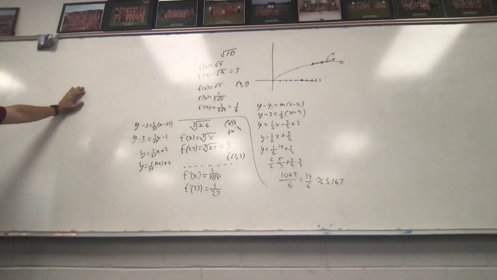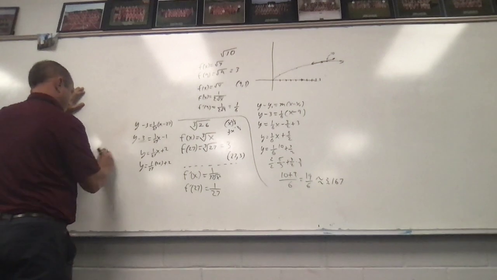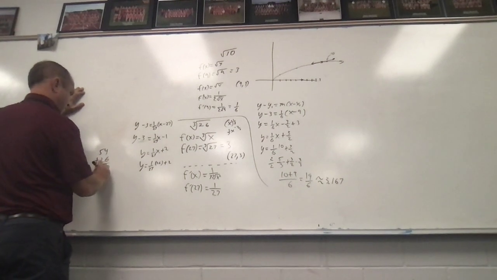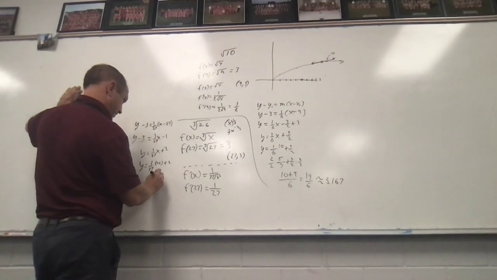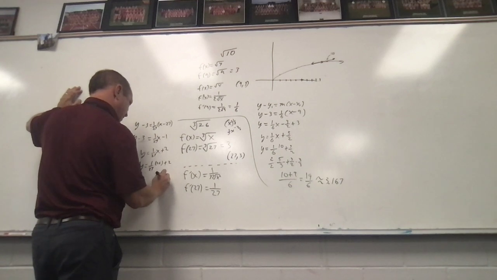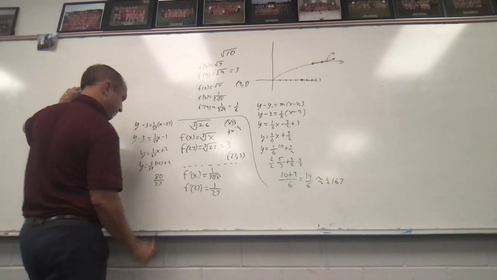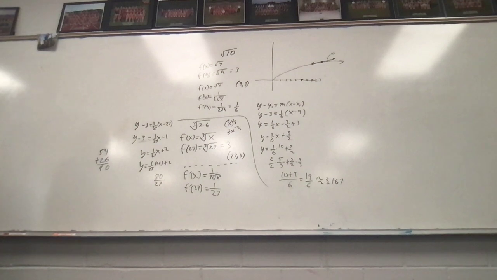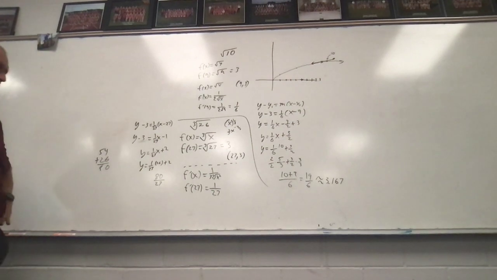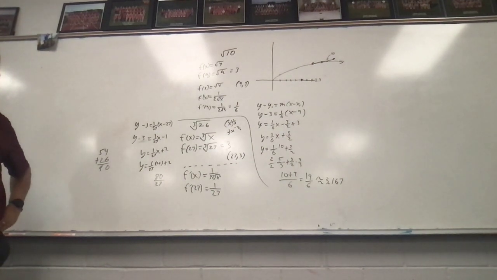So that's 54 plus 26, 80. So I get 80 over 27. And again, you can check that in your calculator. 80 divided by 27 is 2.96 something. And then you do the cube root of 26 and you should get a number.